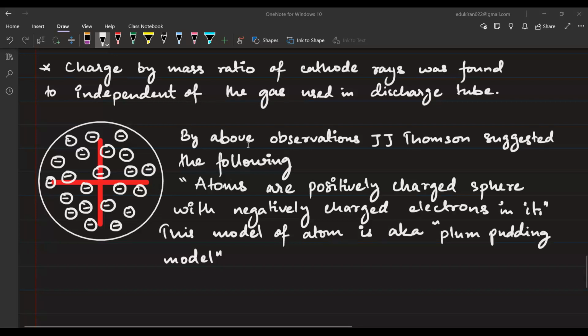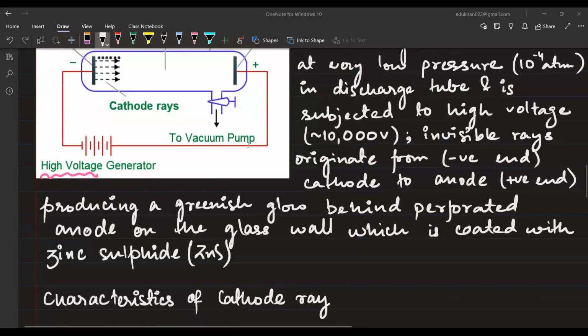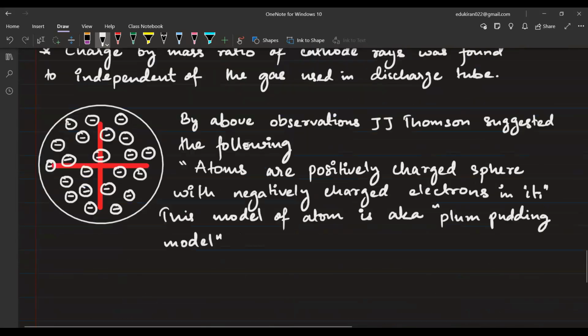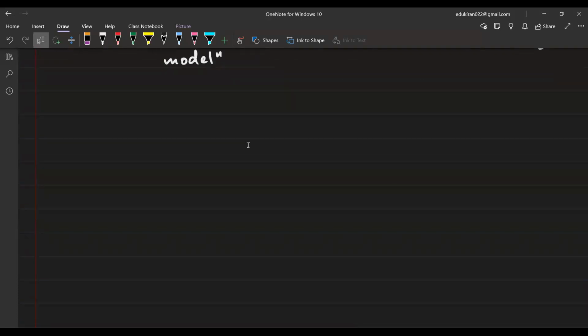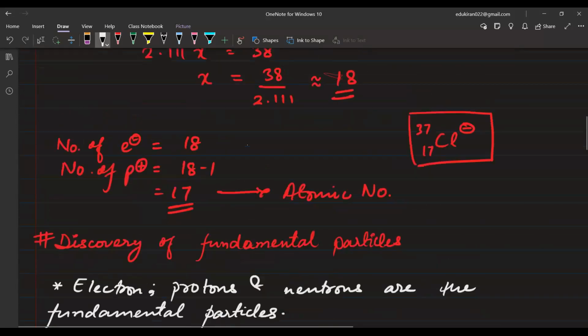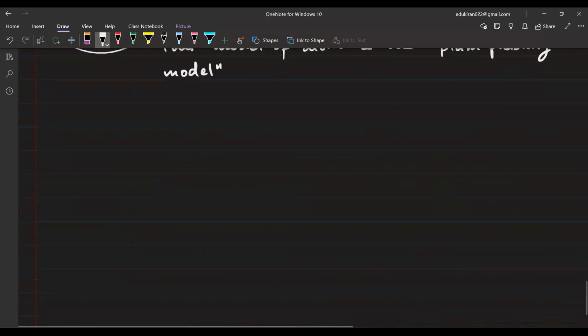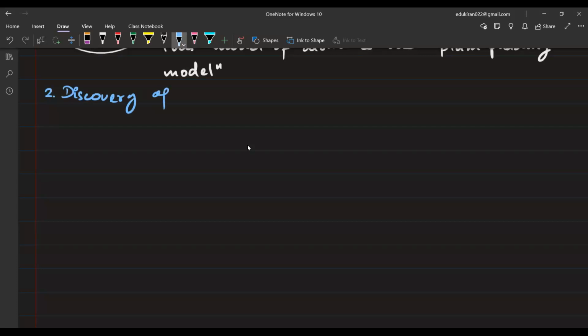Now we have done the discovery of the electron. Now the discovery of protons and the discovery of neutrons are very small topics in the sense that we don't have to go into detail for them. Write the second: discovery of protons.